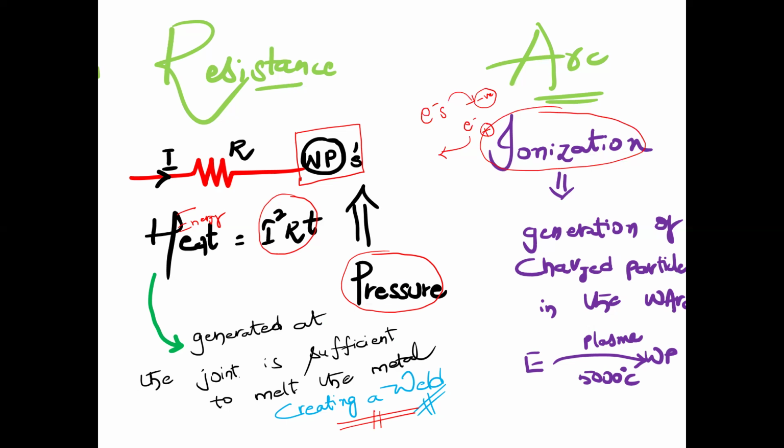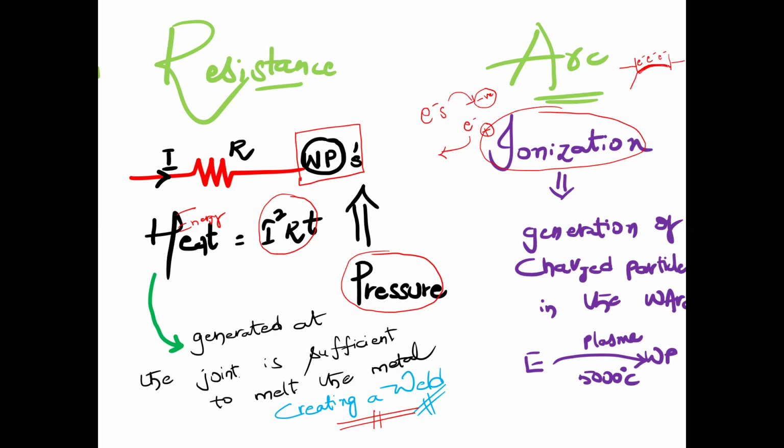In between, I have two metal pieces, and I create a strong electric field between them. When the ionization process happens, electrons are liberated, and it forms a path.